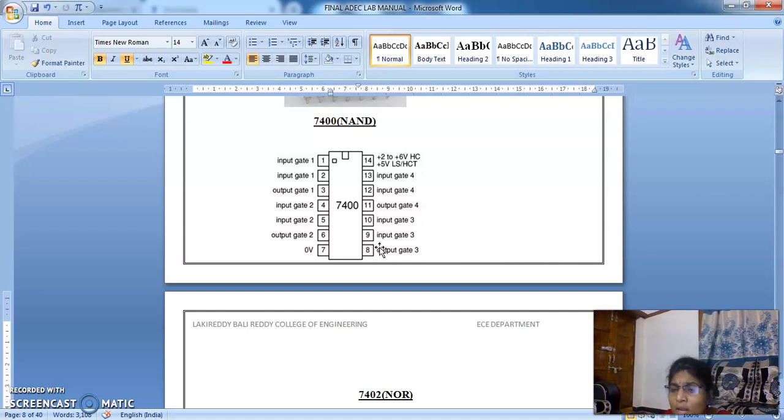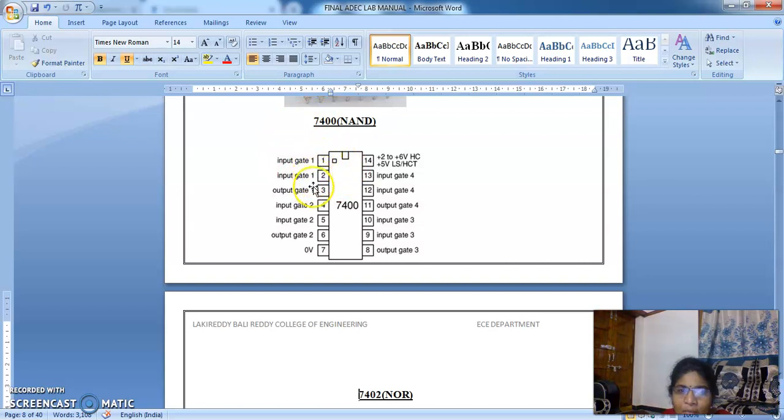So for constructing a 2-input NAND gate, we need 3 pins. If you want to construct 4 two-input NAND gates, 4 into 3, 12 pins we require. If you subtract 2 from 14, we have 12 pins, so in these 12 pins we can construct 4 two-input NAND gates. See here, this is the first NAND gate.